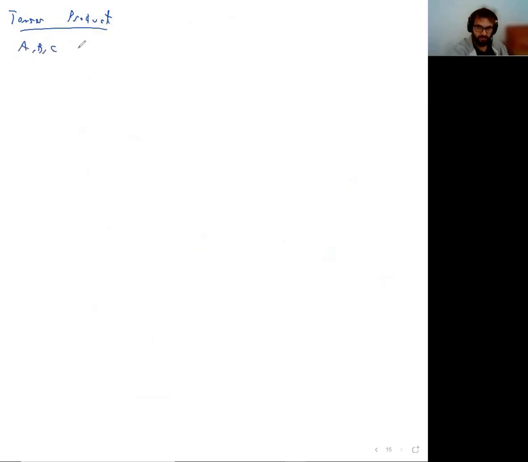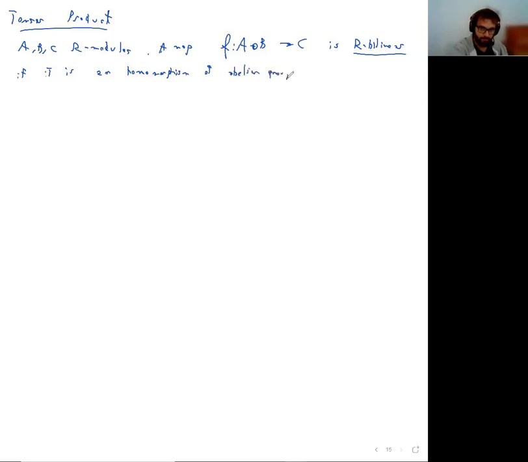Again, we have A, B, and C, our modules, and a map F from A times B into C is R-bilinear if it is a homomorphism of abelian groups which is R-linear in each factor.